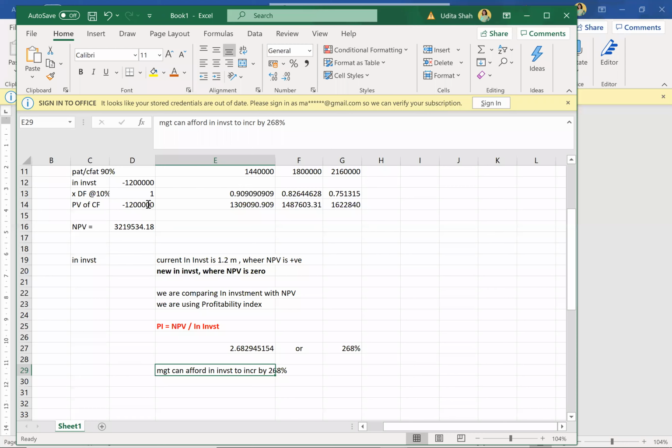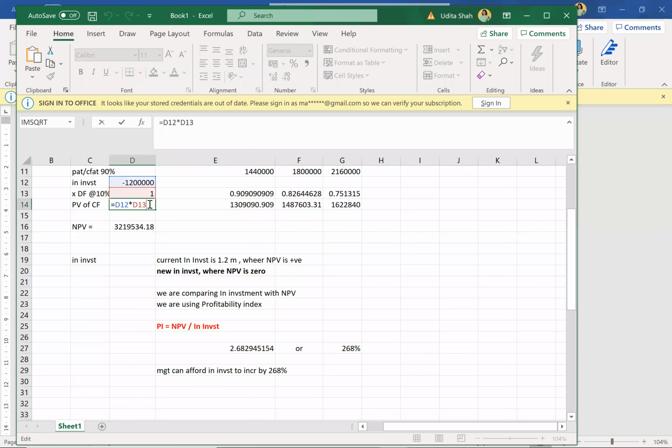Okay. So even if I increase this initial investment by 200%, how much is it going to be? It is going to be 2.4 million. If it is 2.4 million, still my NPV is positive.